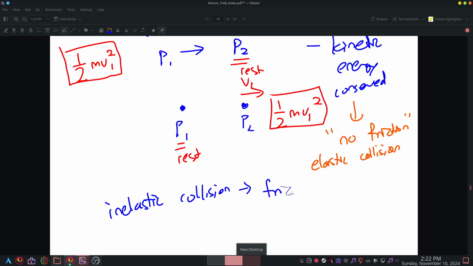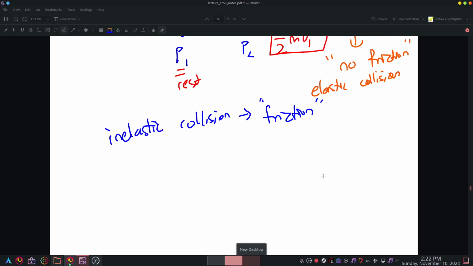Now, inelastic collision is the inverse case, where there is friction. One example is, this time we have a neutron that scatters off uranium-238.